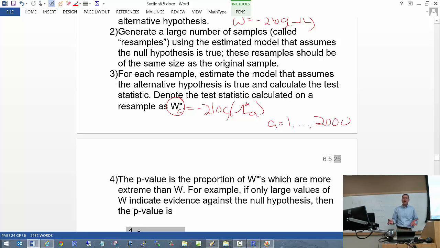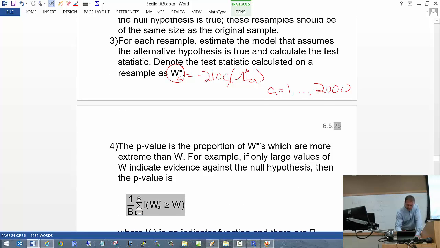So now that I have that, I can do a histogram of those, and it basically gives me a picture of what an estimated distribution should be of this test statistic if the null hypothesis was true. The reason why it's if the null hypothesis is true, because remember how I simulated my data? Assuming the null hypothesis was true. Now once I have that histogram, let me draw my histogram out again here.